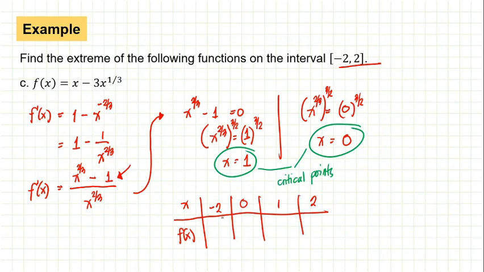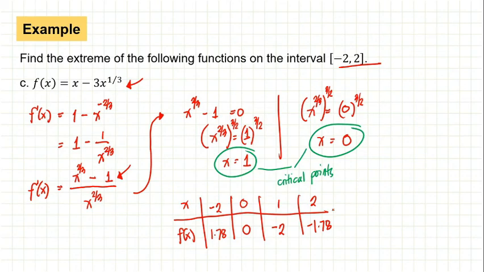Now try to substitute x equal to -2 to our original function. So that will become -2 minus 3 times -2 to the 1/3 using your calculator. The answer will be positive 1.78 approximately. Okay? When your x is 0, you will get 0. Okay? When x is 1, so 1 minus 3, yeah, -2. And for 2, substitute using your calculator, the answer will be -1.78.